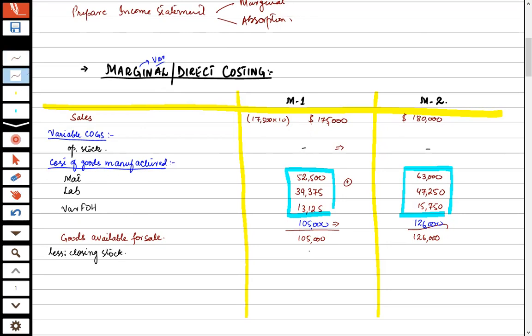Since we haven't any closing stock, their values will also be nil. So our variable cost of goods sold will also be the same. So we will write it as variable cost of goods sold. Hope you are getting it. It is not any new concept.